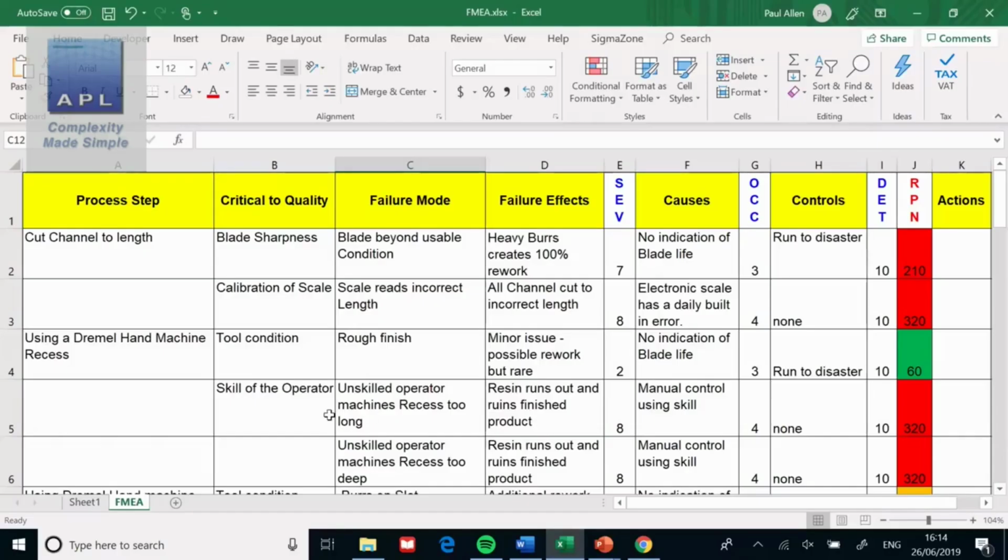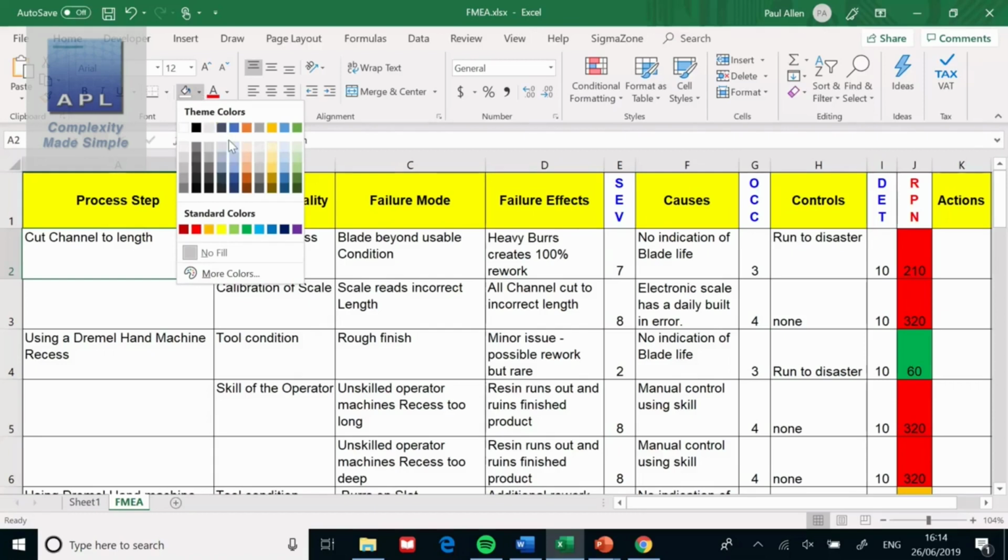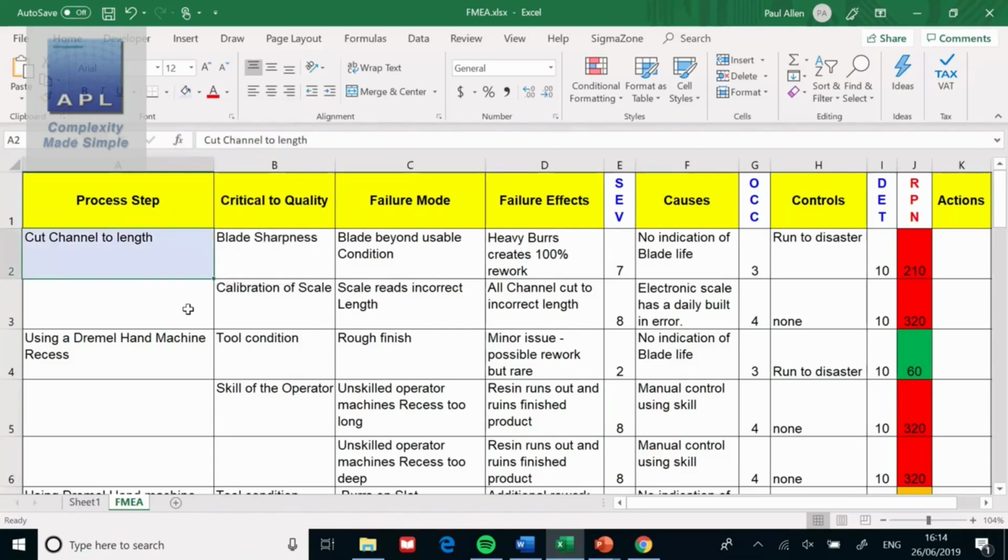Okay, now I've pre-filled out the FMEA just for speed of this presentation. But if we go through the boxes, and I'll just maybe indicate them as we talk about them, we'll just sort of colour them in grey. So the first thing to say, look, is we've got the process step over in the column A of the FMEA form.